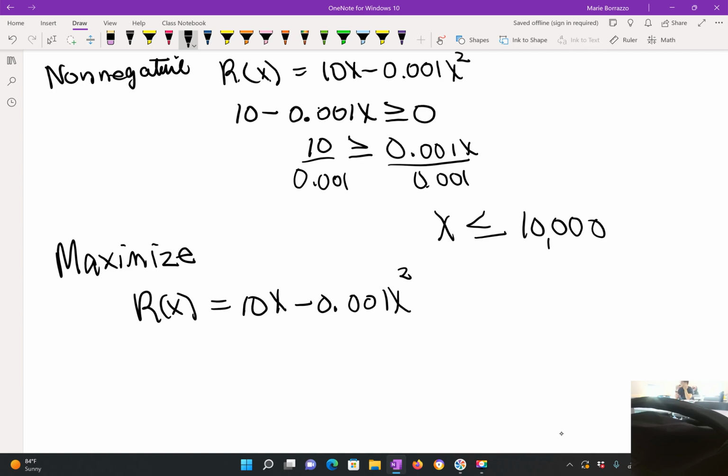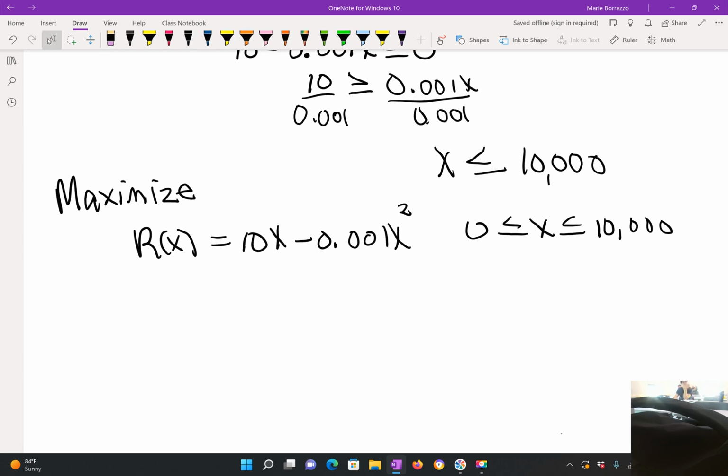And that value has to be between 0 and 10,000. So we're maximizing. Again, what did we do in the last one? Do you remember? Actually, the last one was minimized, but you still remember the first step? I'll give you a hint. First derivative first. First derivative first.